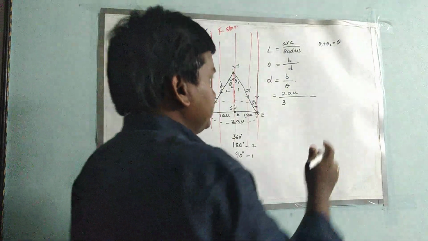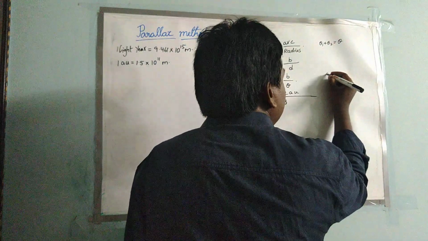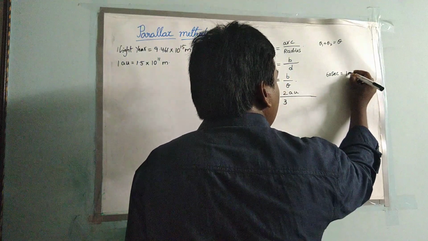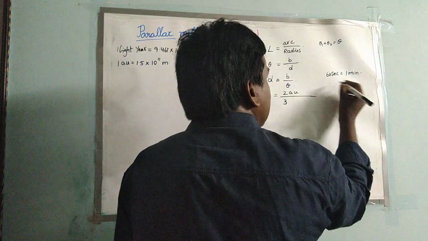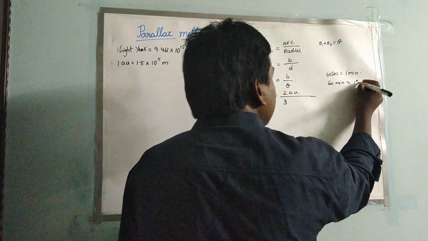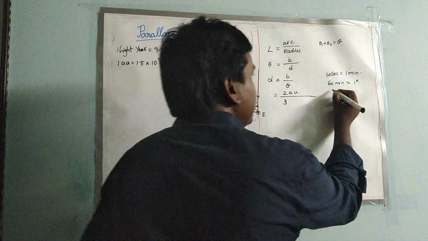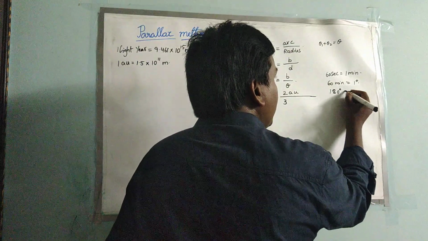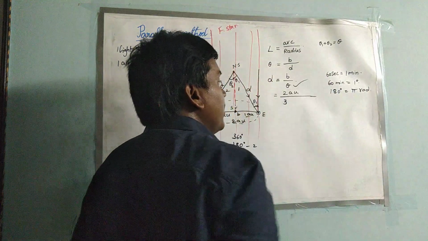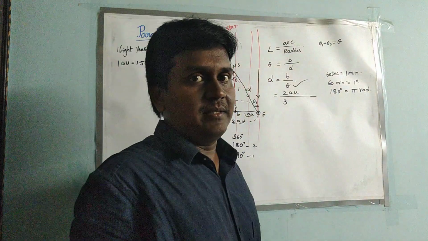And one more thing, 60 seconds equal to 1 minute, and 60 minutes equal to 1 degree, and 180 degrees equal to pi radian. Here the theta value always should be taken in radians.